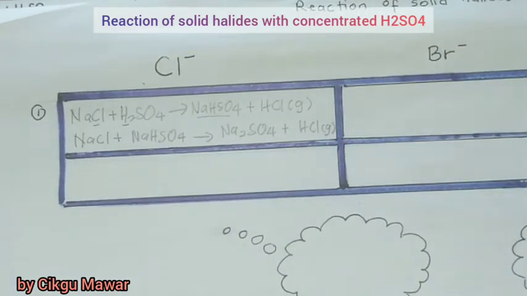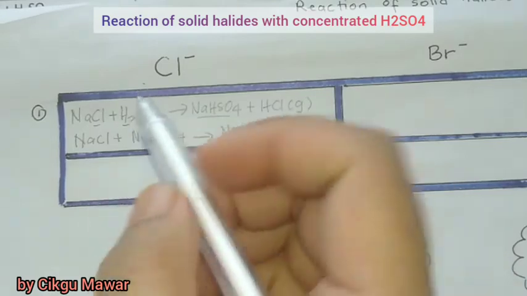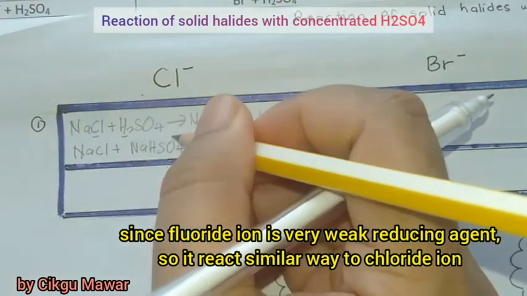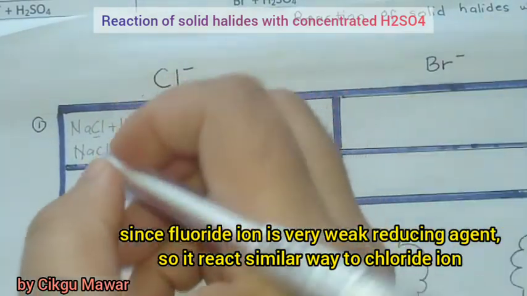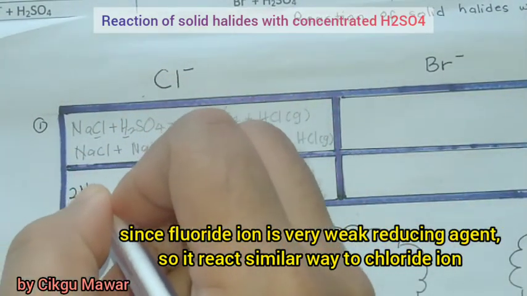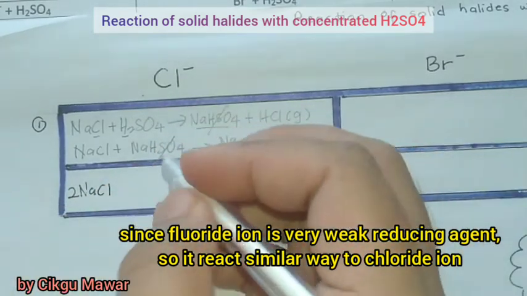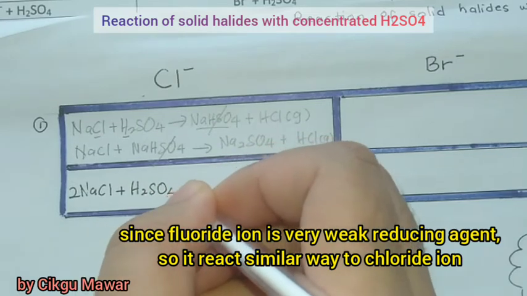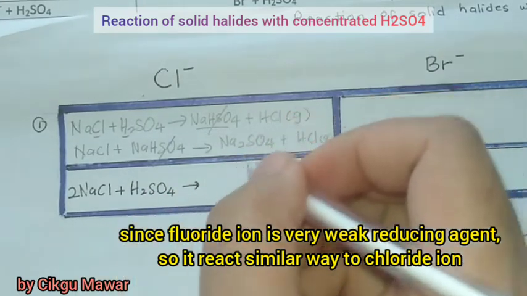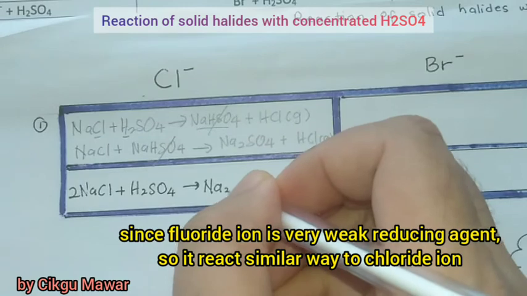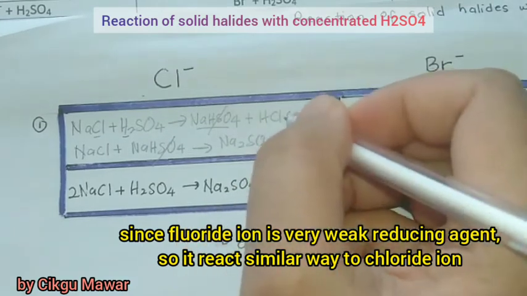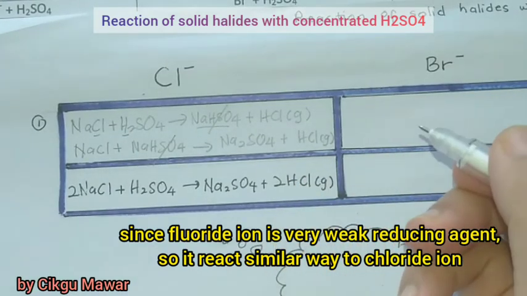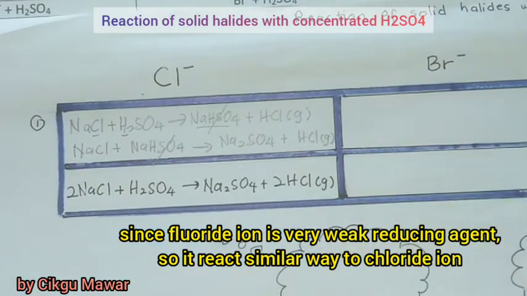When we write the overall equation, we get 2 NaCl reacting with sulfuric acid to form sodium sulfate plus 2 moles of hydrogen chloride gas. So this is the reaction.